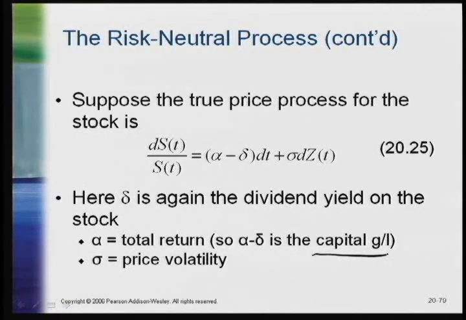Remember, these equations tell you what happens to the price of, say, a single share of stock. dS is the change in price of a single share of stock. And therefore, it will only reflect the capital gain or loss in a share of stock. In addition, an investor has a dividend payment of delta times S for a very small interval of time.